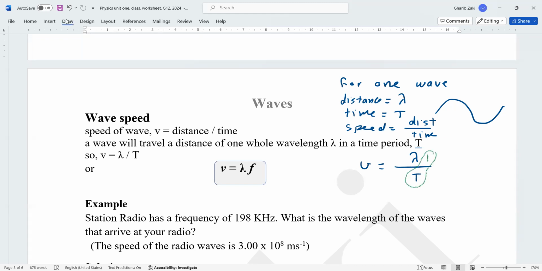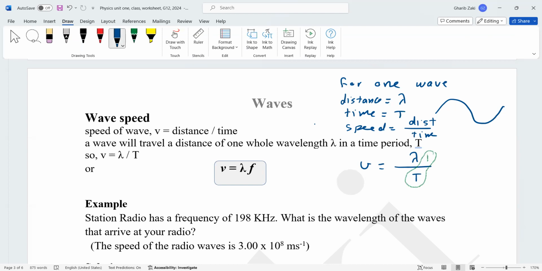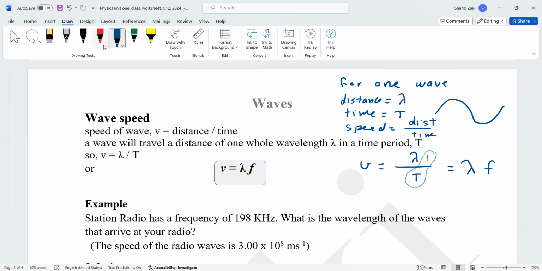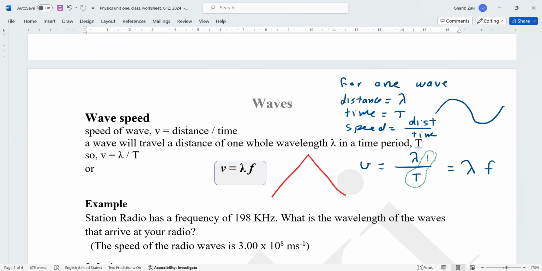Then we can write the speed v equals lambda multiplied by the frequency. So this is the formula of the speed: v equals lambda f. By the way, we take two important notes about the relation between the speed and lambda.